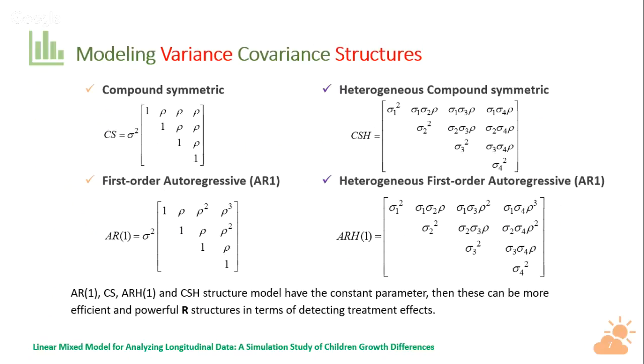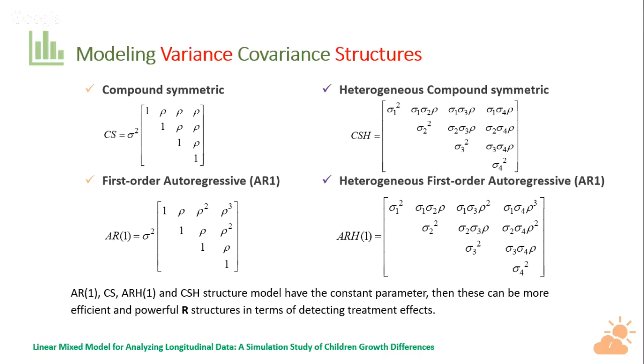And the heterogeneous first order autoregressive, the difference from the AR1 is that the main diagonal is different, and then the covariance is multiplied by rho by sigma squared 1 and sigma squared 2 as the covariance from subject 1 and subject 2.